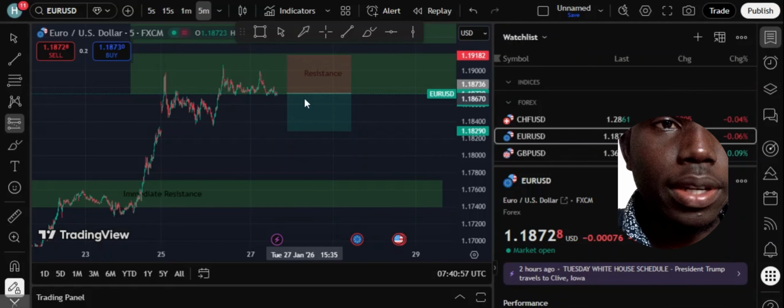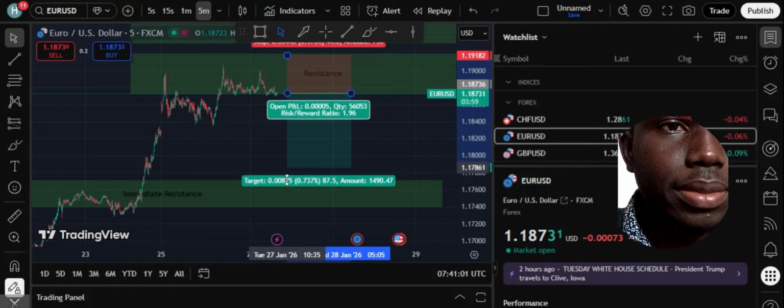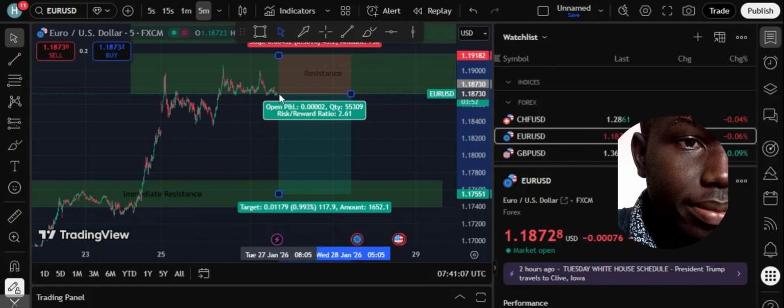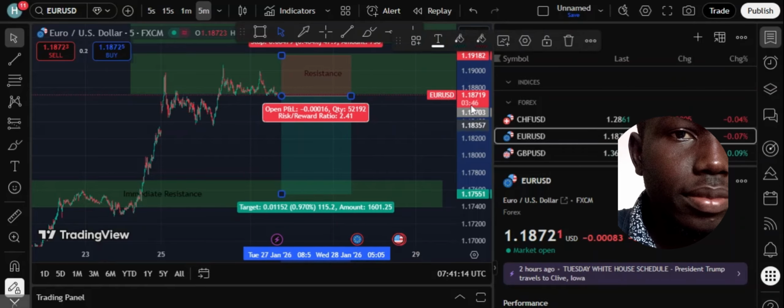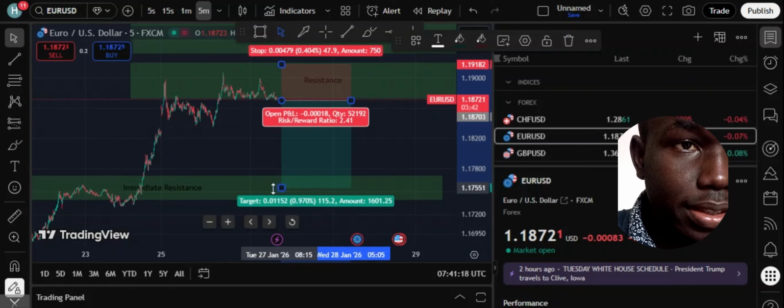That's the reason I've been marking out that resistance becomes support, and support becomes resistance. So we're going to place our trade here, and this resistance is going to become our support.